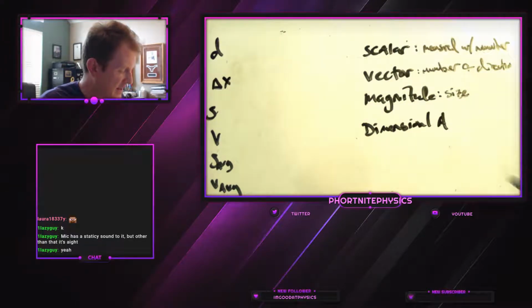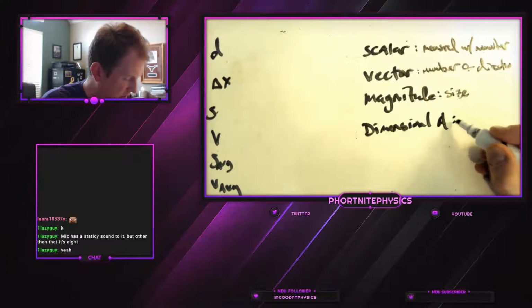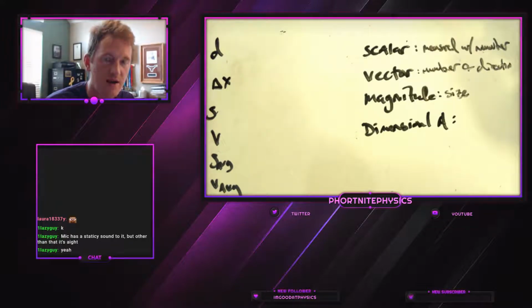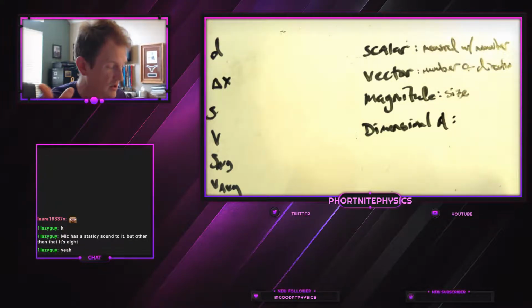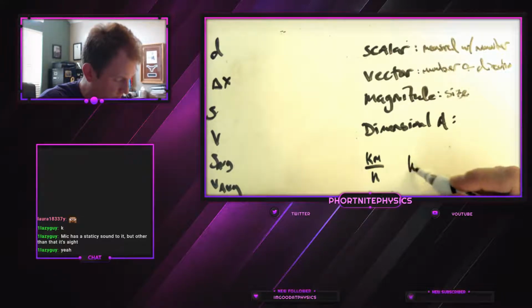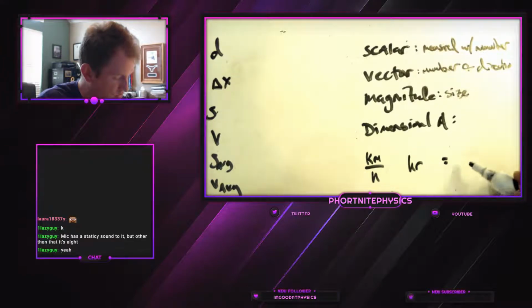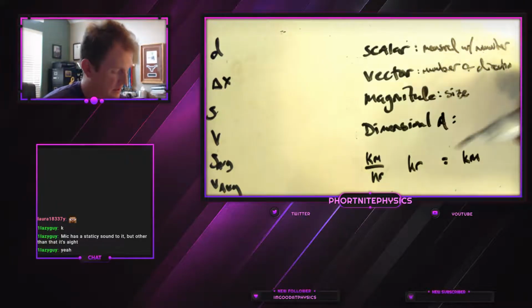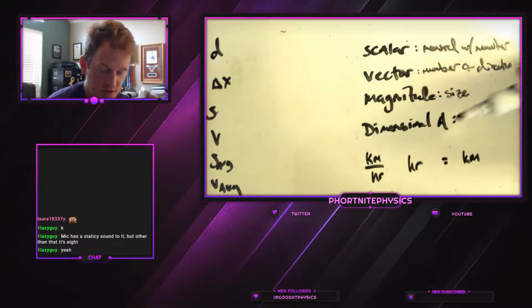Now, dimensional analysis is a little bit different. That's the thing we do when we use our units to track down what we're trying to get. Remember in class when I was talking about how if we have kilometers per hour and we're given hours and we're trying to find kilometers, dimensional analysis is figuring out what to do with all these units so that we end up getting what we want, because we are analyzing the dimensions.